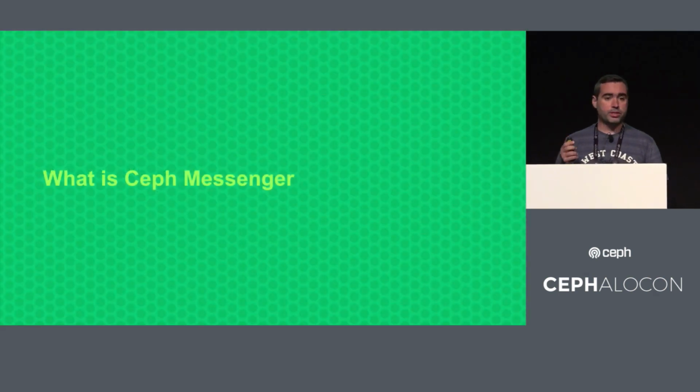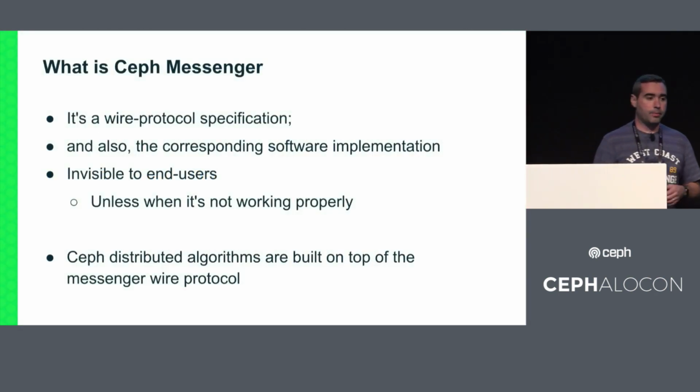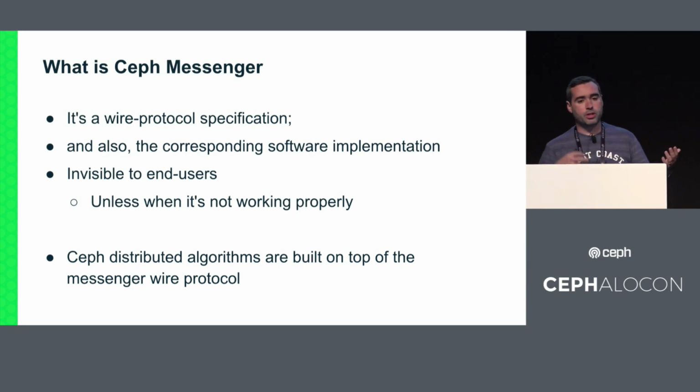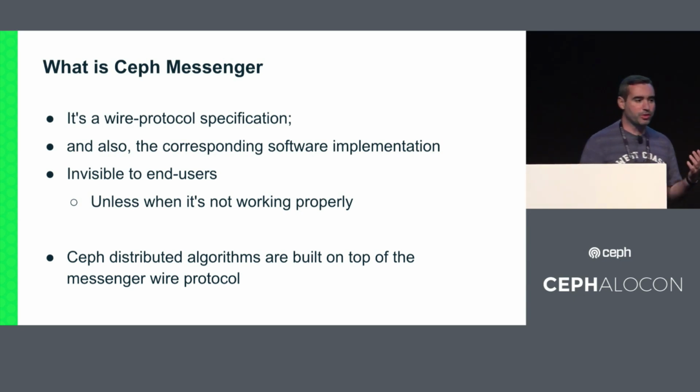All right, so what's Ceph Messenger? It's a wire protocol, but it's also the corresponding software implementation. So when we refer to Ceph Messenger, we are talking about both the component and the wire protocol. Usually, it's invisible to end users, and if it's not, it's because something is broken. Right?